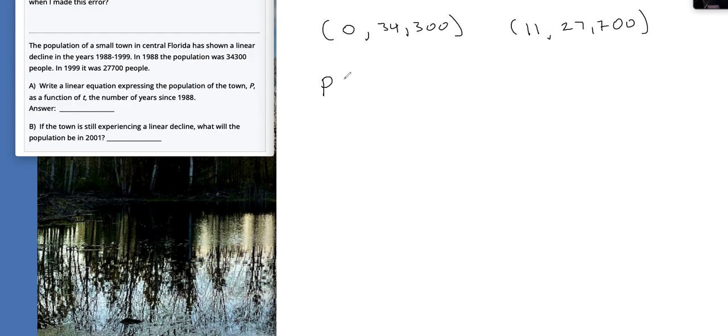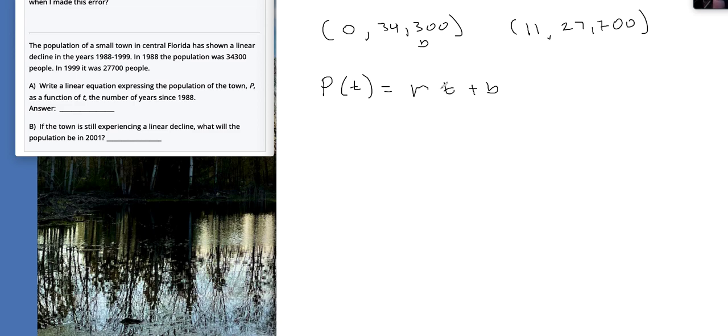So we're going to end up writing this P as a function of T equals, when we write our answer, slope times T plus the y-intercept. So by defining this as 0, that makes that 34,300. Since this is T equals 0, this is my y-intercept. So that right there is going to be b.